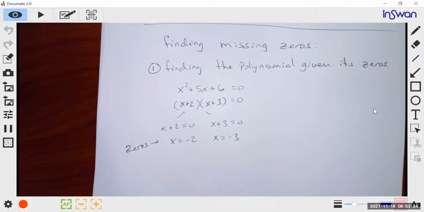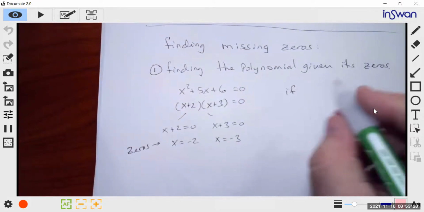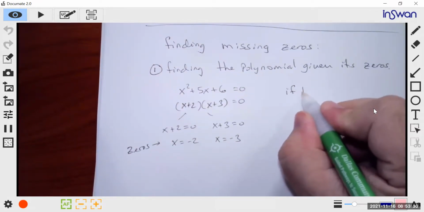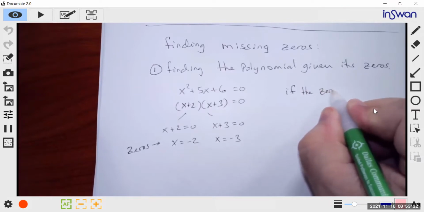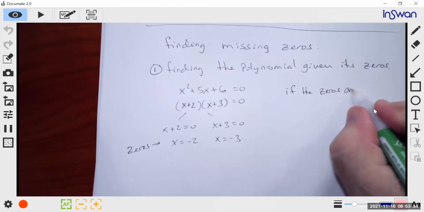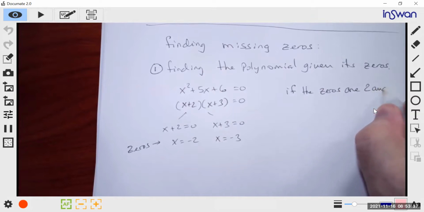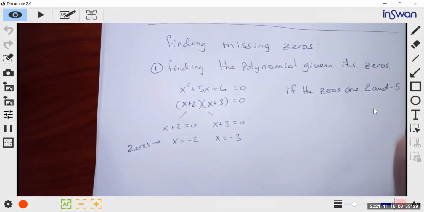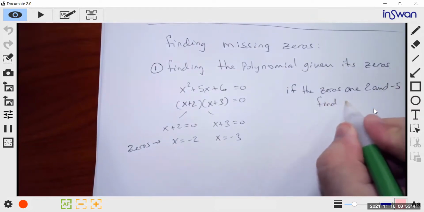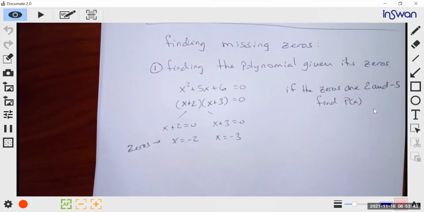Now we're going to work backwards. If the zeros are 2 and -5, find the polynomial it came from.